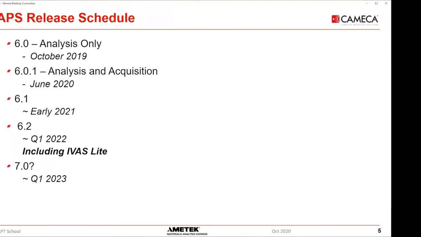With the 6.2 software, which is going to be out in a little bit more than a year, we will be starting to ship APSuite Lite, which will be a free version of APSuite. Everything I'm talking about today in this PowerPoint, at least, will be included with the free version. Some of the stuff I demo later will not necessarily be included in the free version, but I can enumerate that for you if you like.